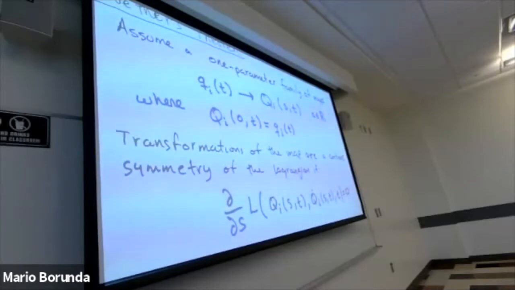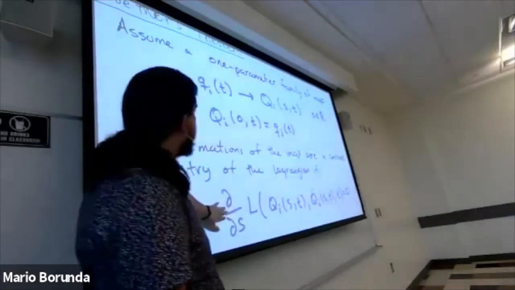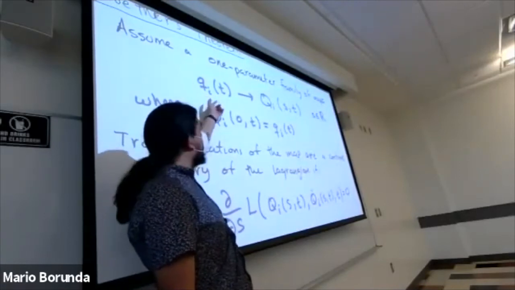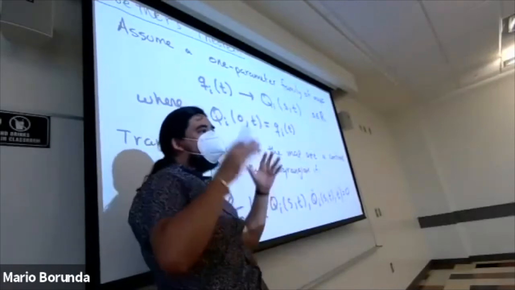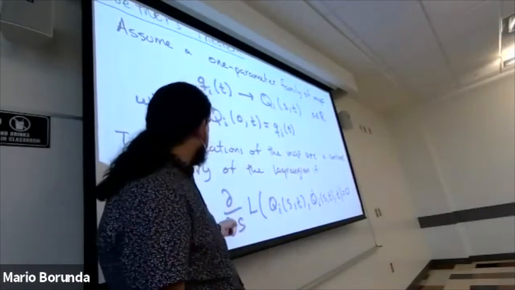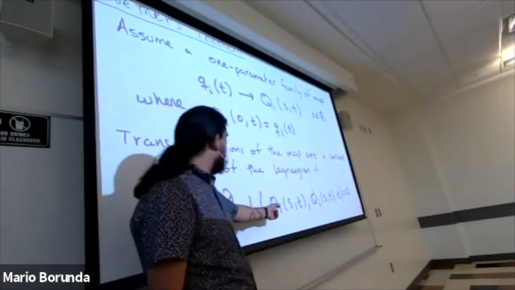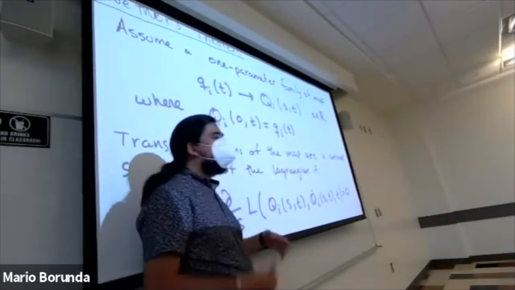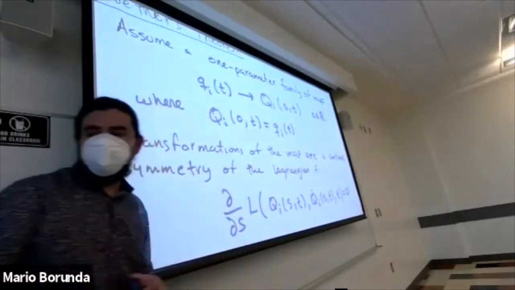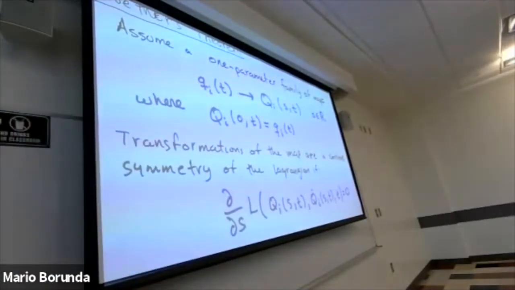So this is what Noether's theorem says. If this is true, first, you have your coordinates. Those coordinates can be mapped into another bigger set of coordinates. And if the Lagrangian is such that if you take this partial with respect to s, with these bigger coordinates embedded in that Lagrangian, it is zero, then you have a continuous symmetry of the Lagrangian.